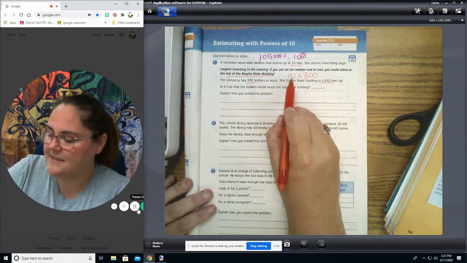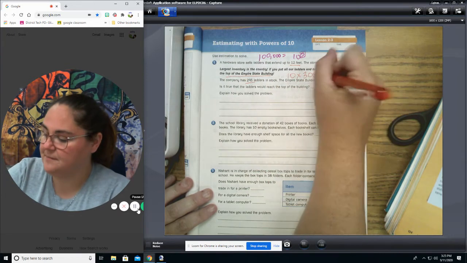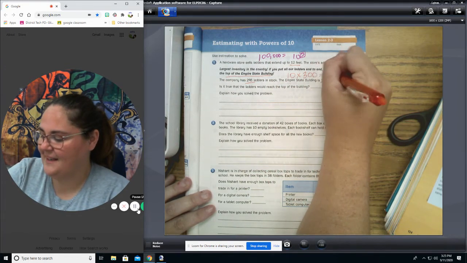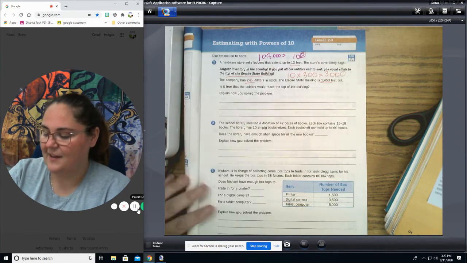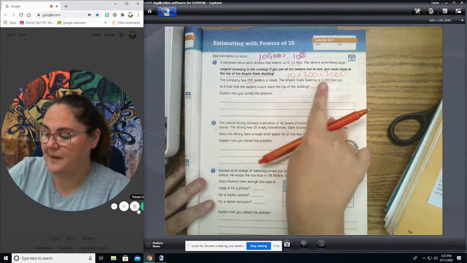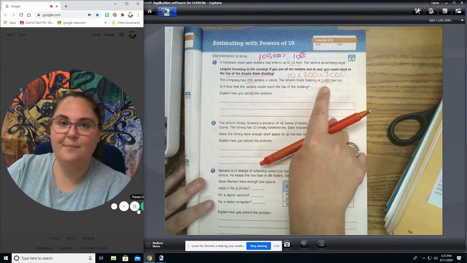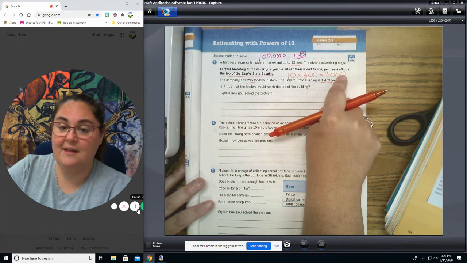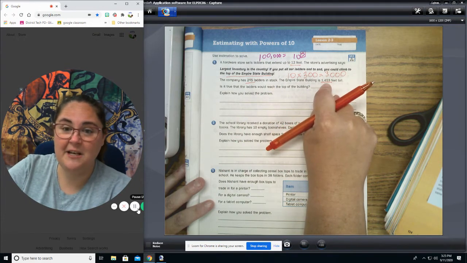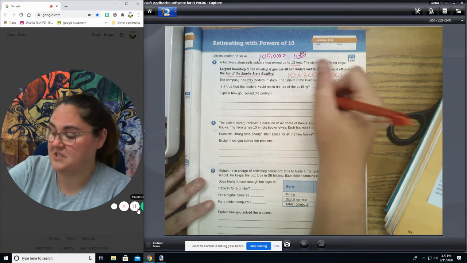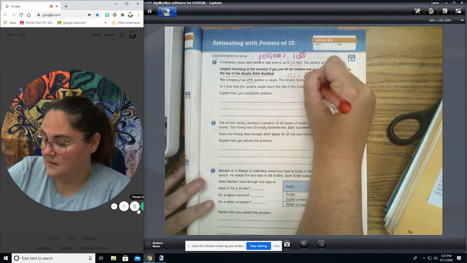So what is 10 times 300? 3,000. So is it true that all of these ladders would be taller than the Empire State Building? Well, my estimate said that's 3,000. And the Empire State Building is only 1,400 feet. So is it true that the ladders would reach the top? Yes.